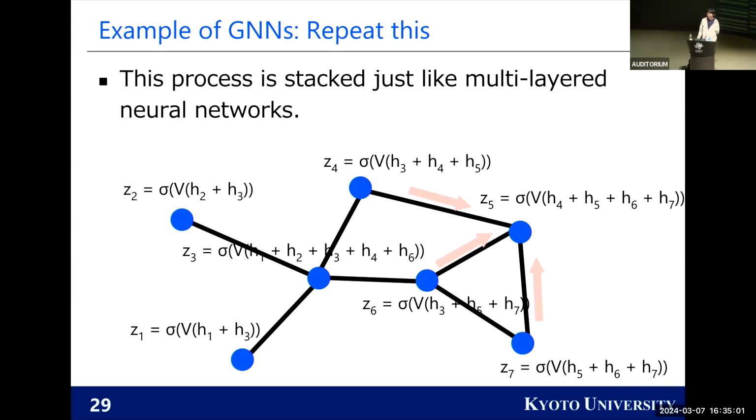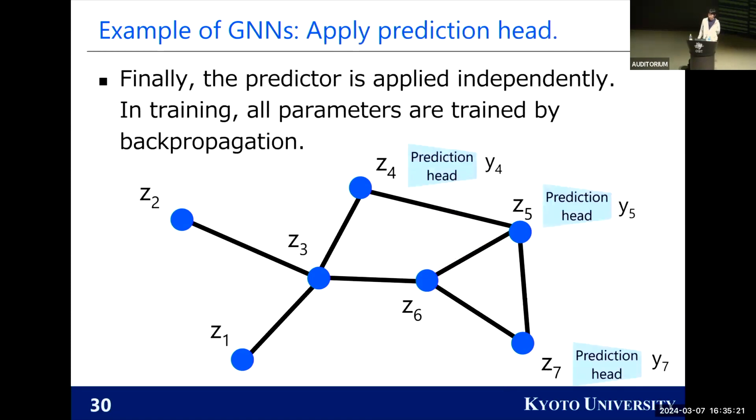They can also be shared, and it depends on the task, but the basic choice is to use different parameters for each layer. This process is repeated, and finally we obtain the node embeddings, Z_V.